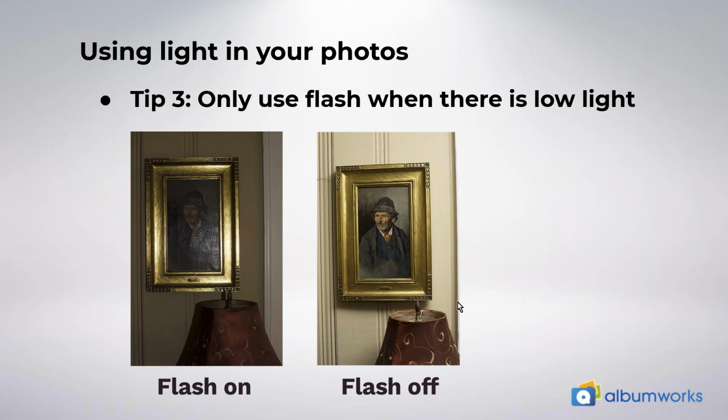Using the flash when there is sufficient light can actually create a bad result, like in the example shown here. You can see there's a lot of reflection on the frame and the person is actually quite dark. So you can remove the guesswork from this by adjusting your camera settings to auto flash. That way your camera will decide when it is appropriate to use the flash or not.